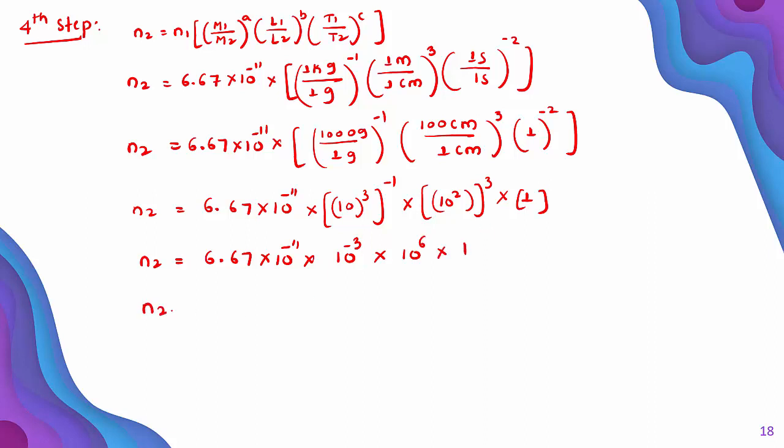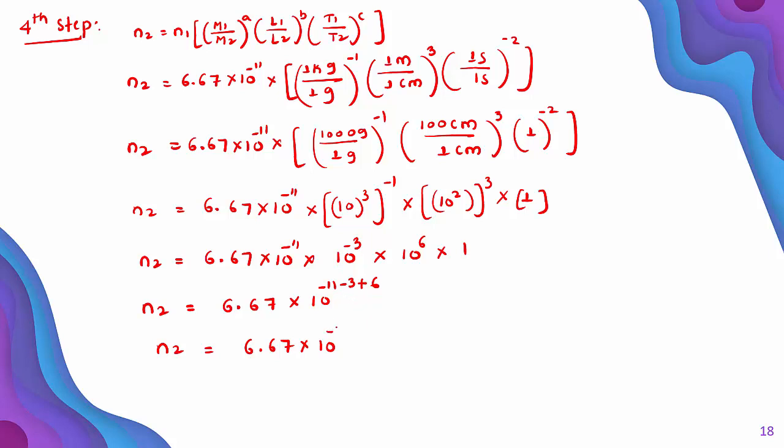Now we can write N2 equal to 6.67, keep as it is, into 10 raised to minus 11. You can observe bases are the same, so powers must be added. Minus 11 minus 3 plus 6. Now tell me what is the final value? 6.67 into 10 raised to minus 11 minus 3 will be how much?